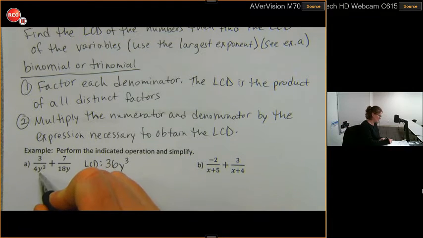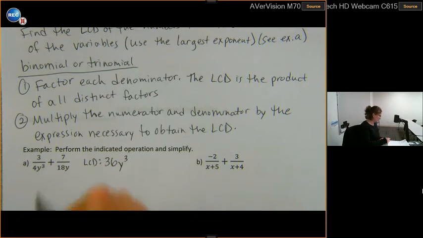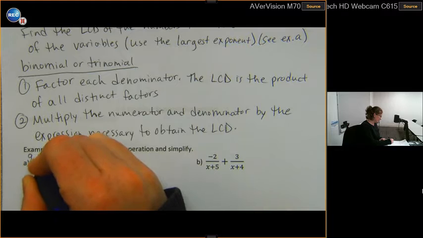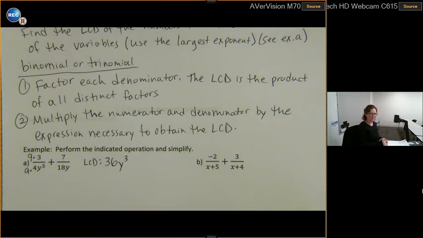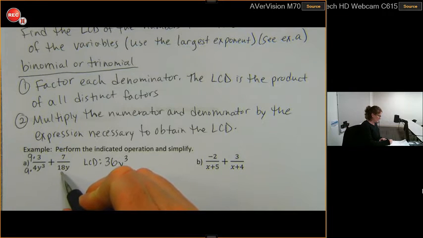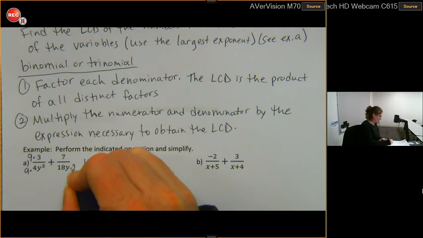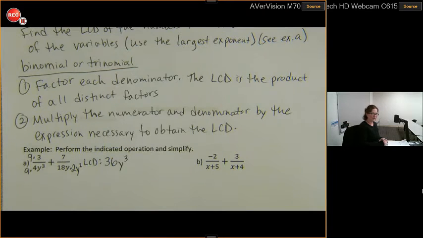So in our first fraction, to get 36, I'm going to have to multiply by 9. I already have y to the third, so I'm going to multiply by 9 in both the numerator and the denominator. To get a 36, I need to multiply by 2. I also need y squared to make it y to the third.